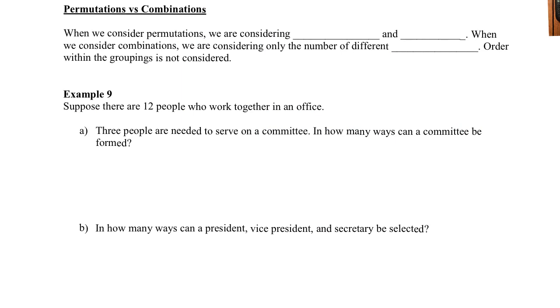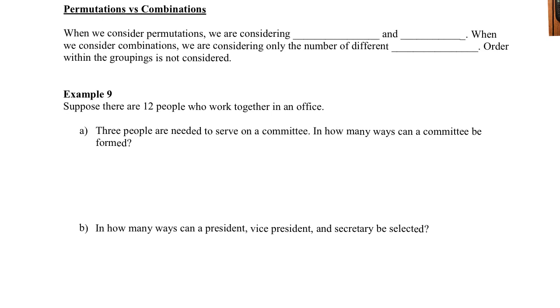Sometimes when you first are introduced to permutations and combinations, it's a little tricky telling them apart. Like in a particular problem, do I use a combination or a permutation? So hopefully this example 9 will make it a little easier to see.